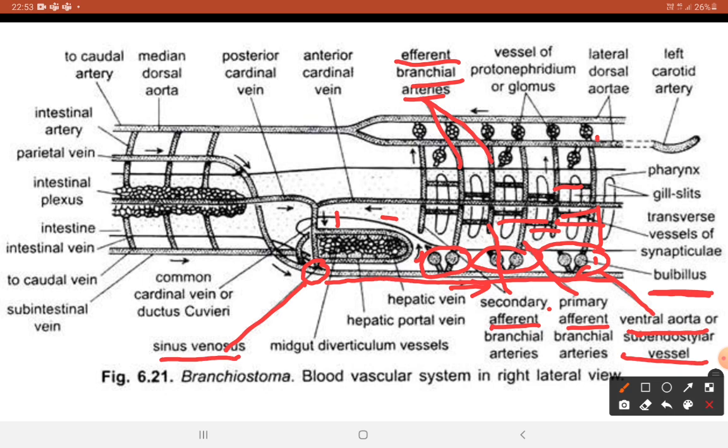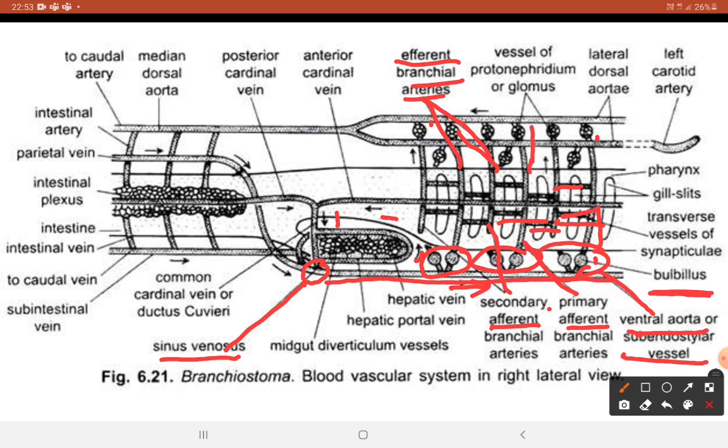So here the blood is exposed to the water, and it is assumed that the exchange of gases takes place, and whatever oxygenation has occurred, this oxygenated blood gets picked up by these efferent arteries.